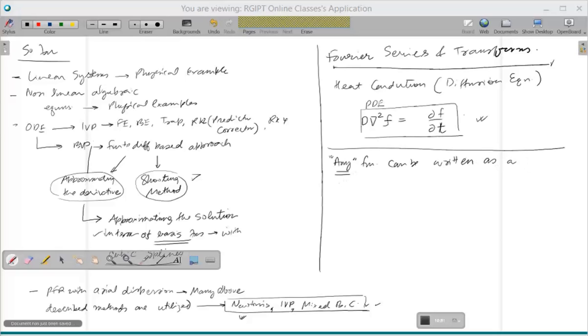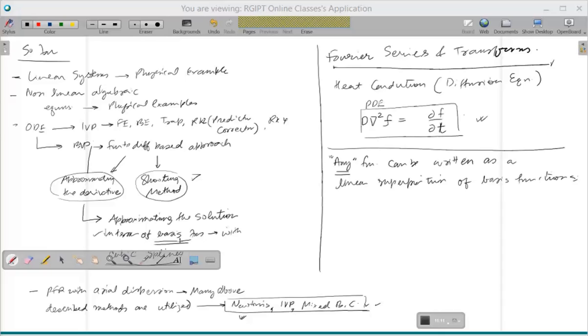a linear superposition of basis functions. We have already seen this in the context of solving the boundary value problem using cubic expansion.